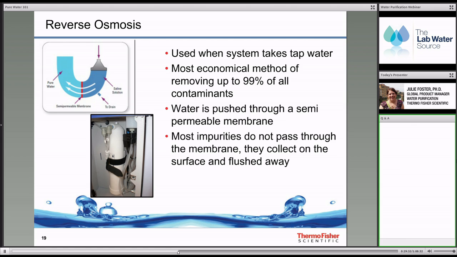The water that gets through the membrane is the good water, and any of the water that doesn't get through the membrane is termed reject. RO membranes are able to remove almost 90%, depending on the RO membrane, of impurities. It's a great technology to use to purify tap water.